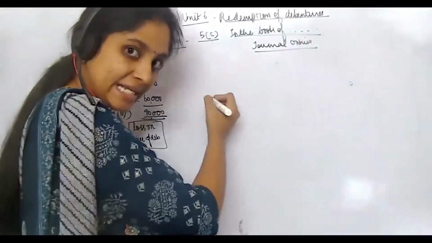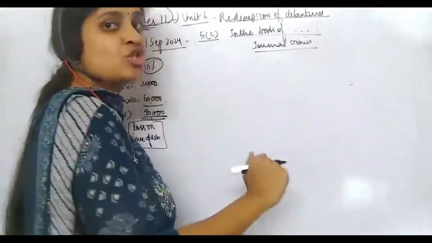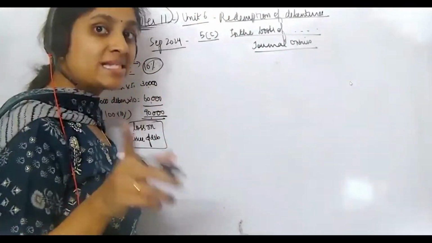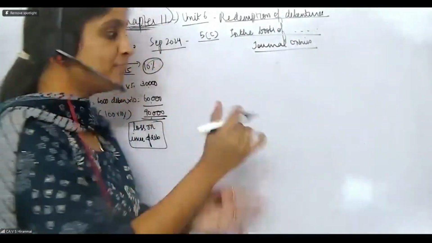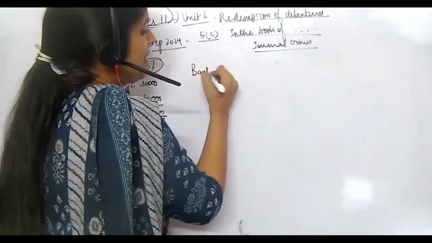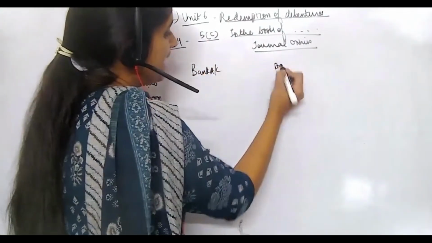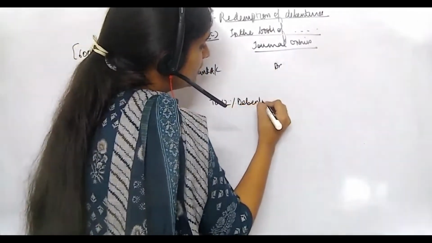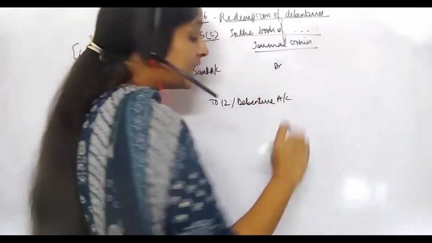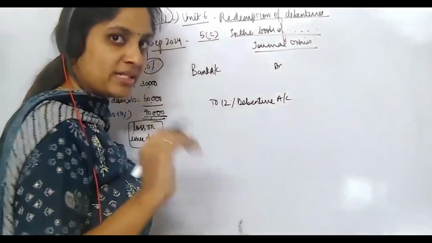So the first entry, the particular issue entry. My dear students, I told you everything will be collected in one installment itself. Okay. So I am directly passing the entry of bank account to 12% debenture account. Okay, 12% debenture account. This I will do.